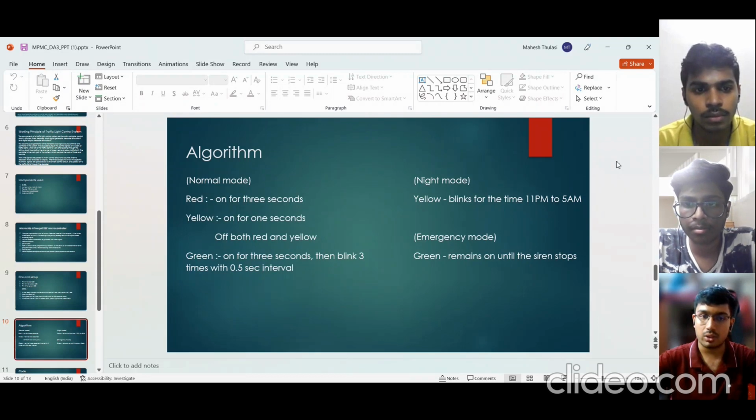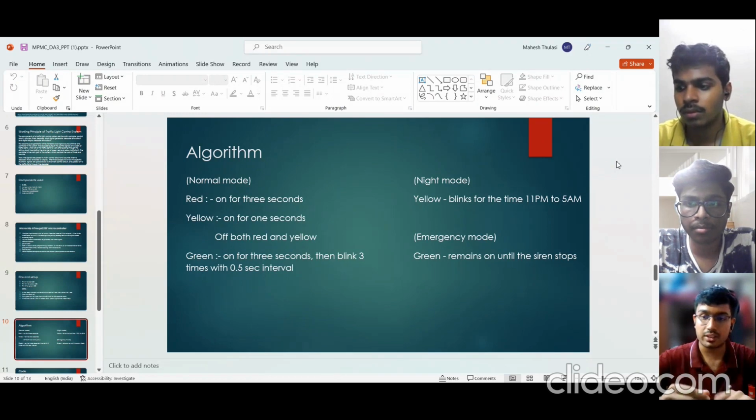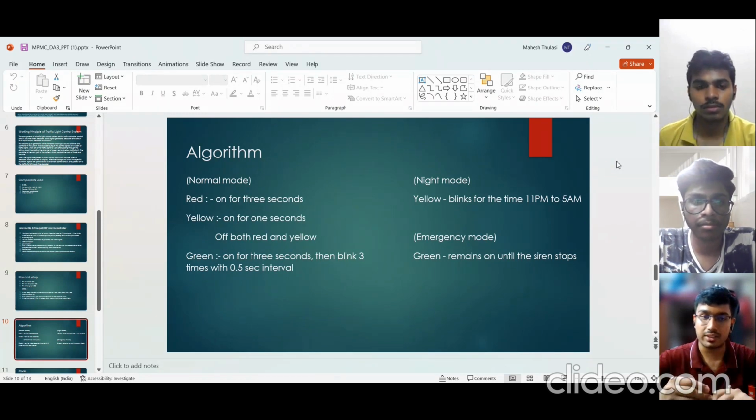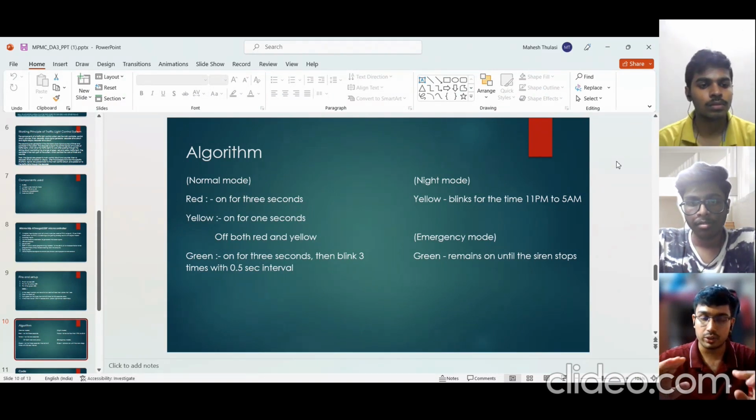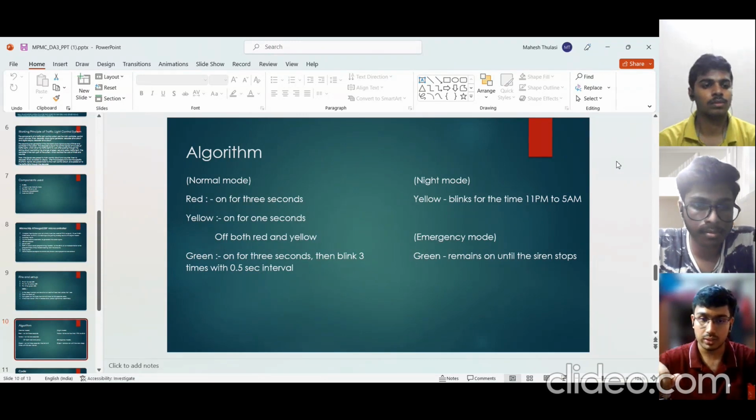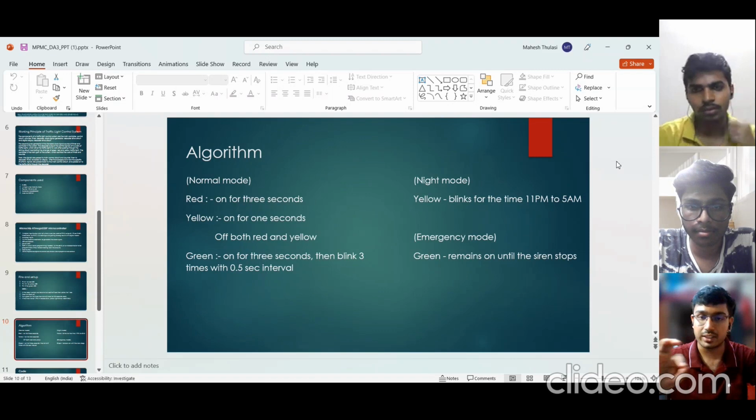Now the major algorithm of working, where there are three modes, as Anish has been discussing. In normal mode, red is on for 3 seconds, then yellow is on for only 1 second, and after that both yellow and red go off. Then the green signal goes on, and then it blinks three times with a 0.5 second interval.